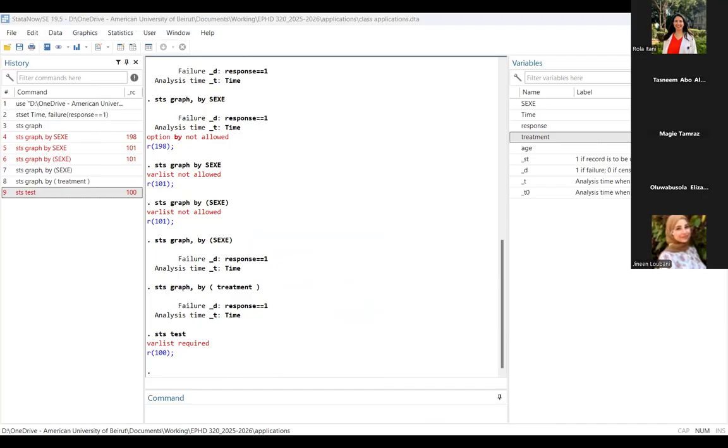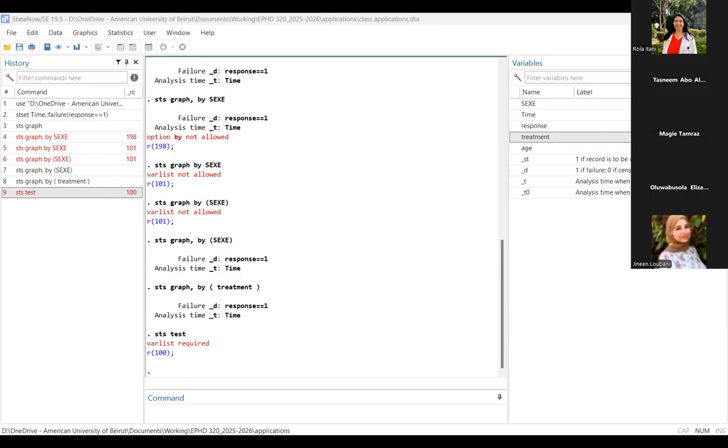Okay, I need to ask help from ChatGPT. One second. Log rank in Stata. You'll definitely become much more competent on survival in Stata.